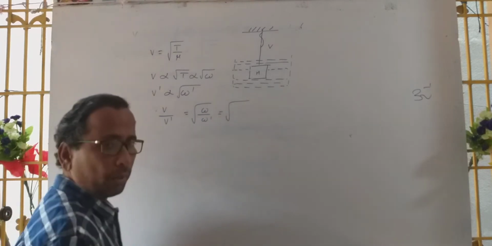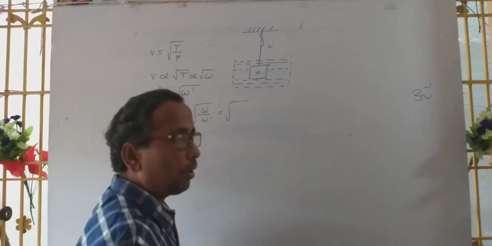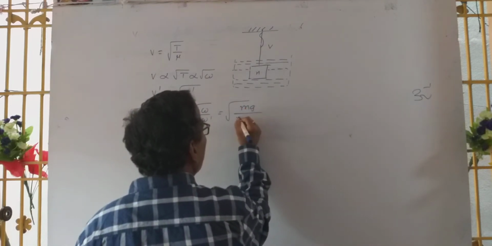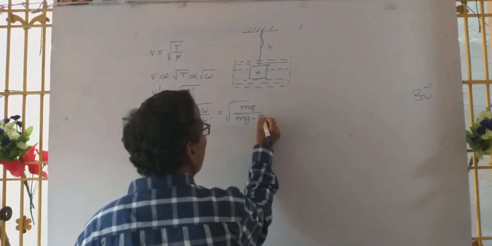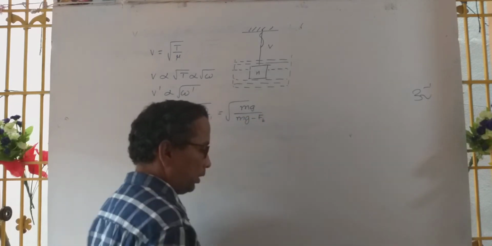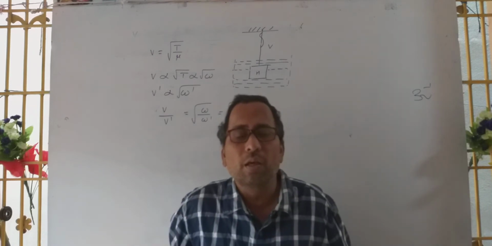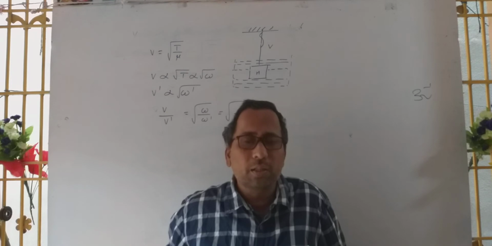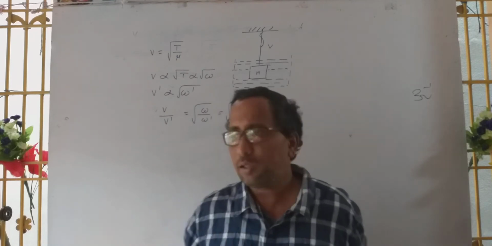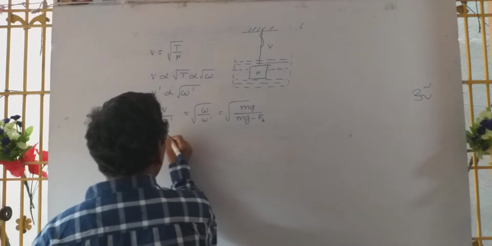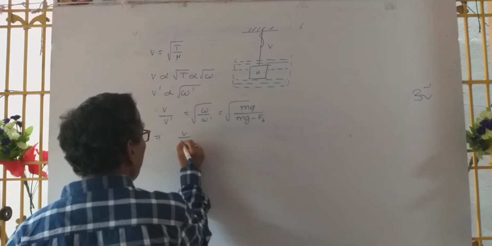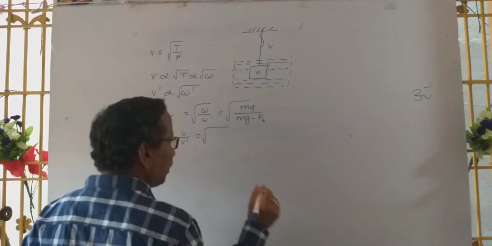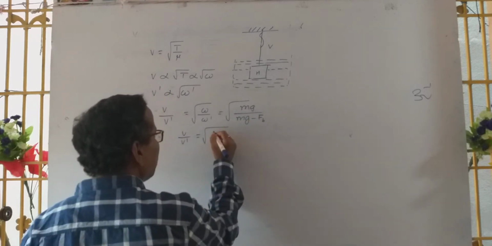What is meant by weight? Weight is the product of mass and gravity. That's why mg by mg minus Fb. What is Fb? Force of buoyancy. Apparent weight is equal to real weight minus force of buoyancy. That implies v by v dash is equal to root of mg by mg minus Fb. Mass can be written as volume into density.